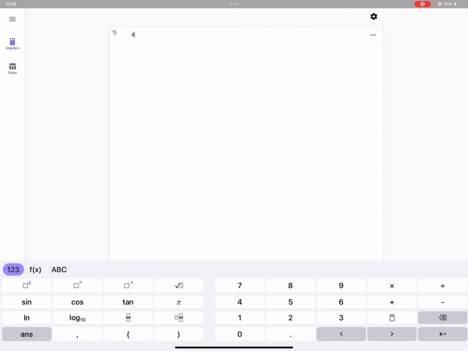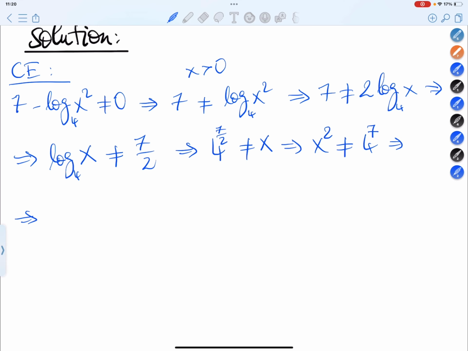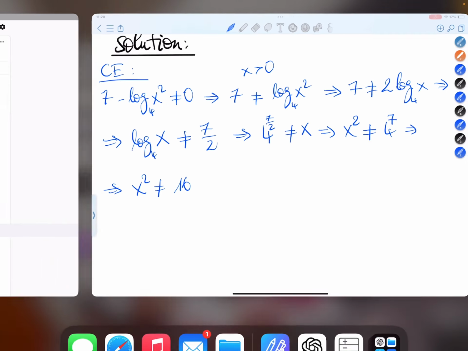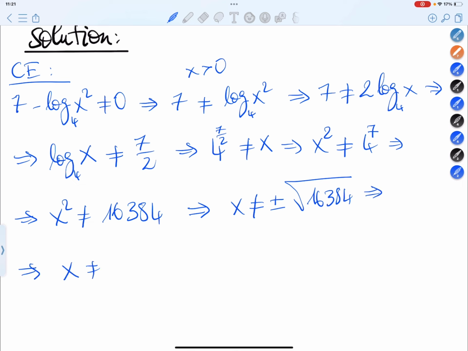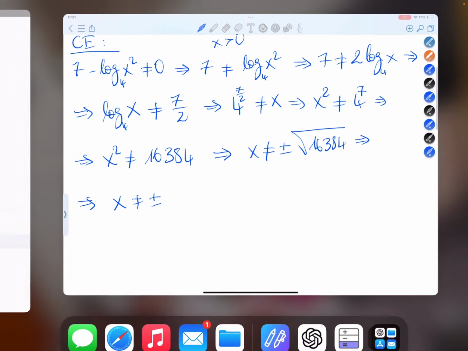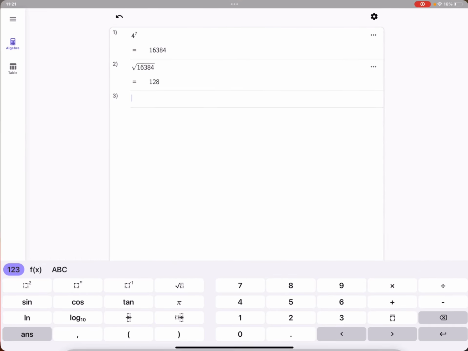4 to the power of 7, that means x squared is different from 16,384, which implies that x must be different from plus or minus square root of 16,384, which implies that x is different from plus or minus, let's see, the square root is 128.